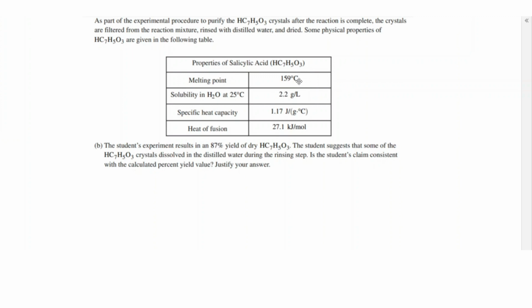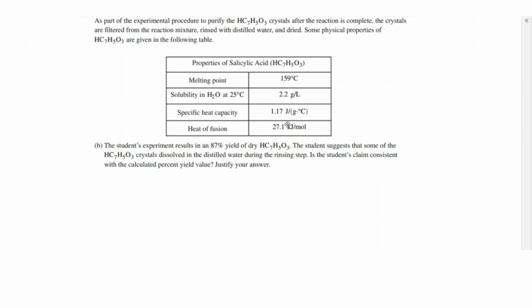We got our melting point, we have our solubility, which is basically how many grams can dissolve per liter at our 25 degrees Celsius in water, and we have our specific heat, which is 1.17 joules per gram degrees Celsius. So how many joules we need to raise 1 gram of our salicylic acid 1 degree Celsius.